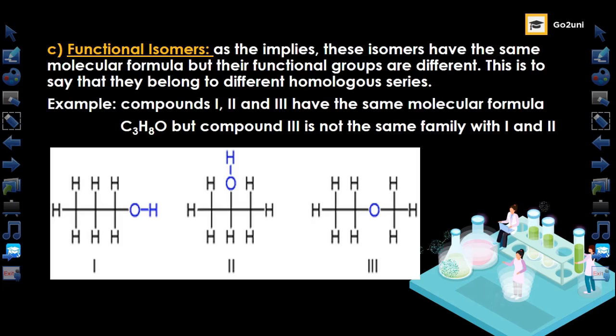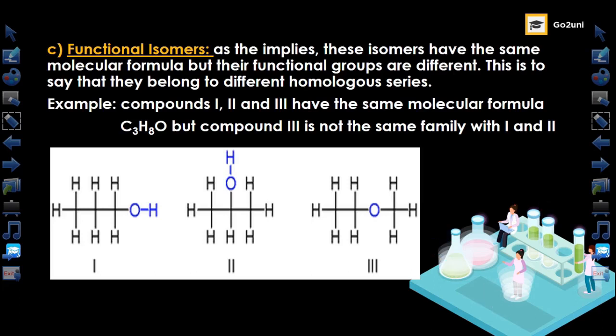So let's take a look at the examples as we can see on the screen. There are three compounds, compound 1, 2, 3. They all share the same molecular formula, C3H8O. That is their molecular formula.